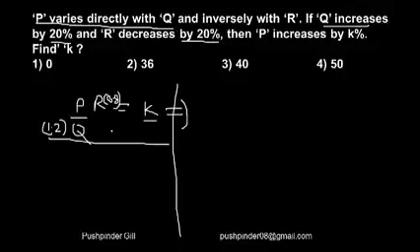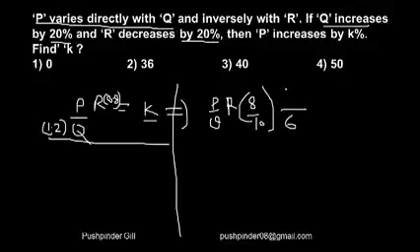Let us say this is nothing but 6 by 5. This is nothing but 8 by 10. So P upon Q into R. So this is 8 by 10, and this is nothing but 6 by 5, right? So since 6 by 5 is at the bottom, it will come like this.